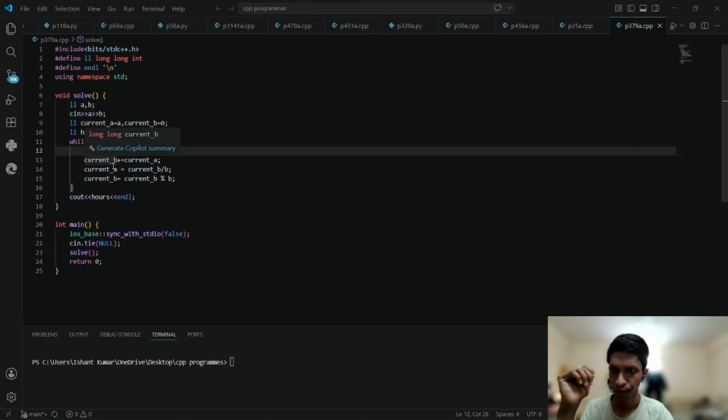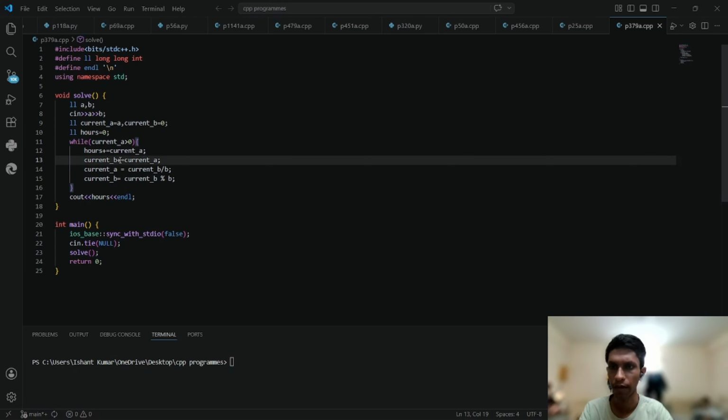After that, we are calculating the number of burnt candles, which will be the value of current candles that we had burnt for the hours.